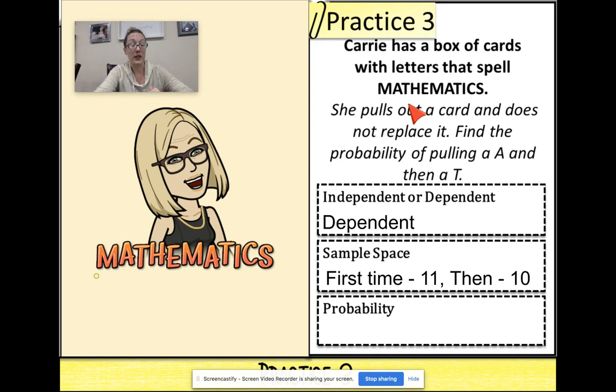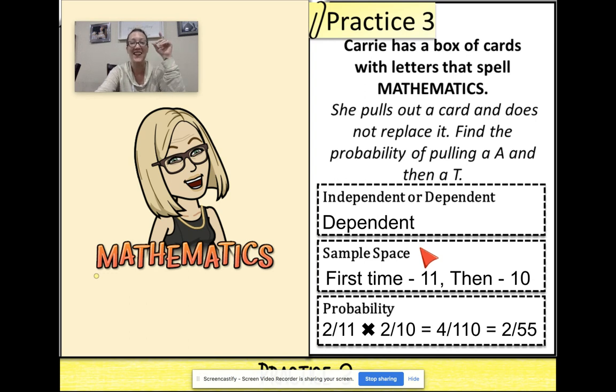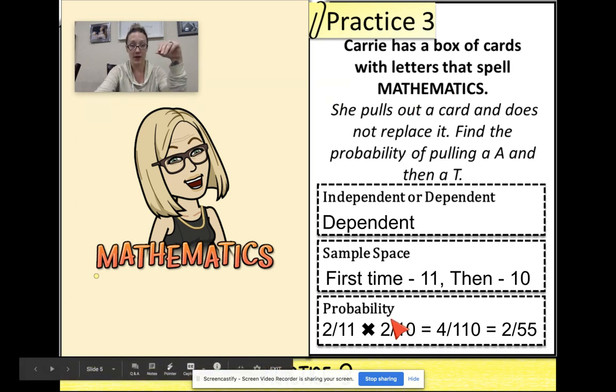What's the probability of pulling a T? Well, there's 2 T's out of 10 cards remaining. So again, the probability of pulling an A is 2 A's out of 11 cards. The probability of pulling a T is 2 T's out of 10 cards because she never put that first card back.